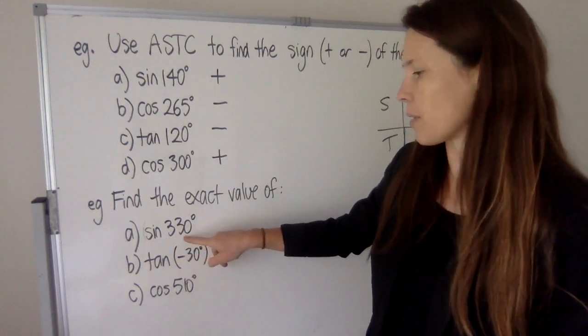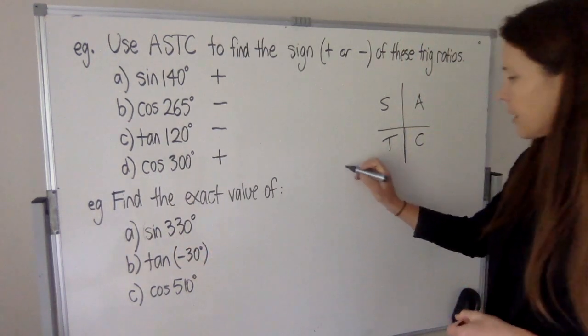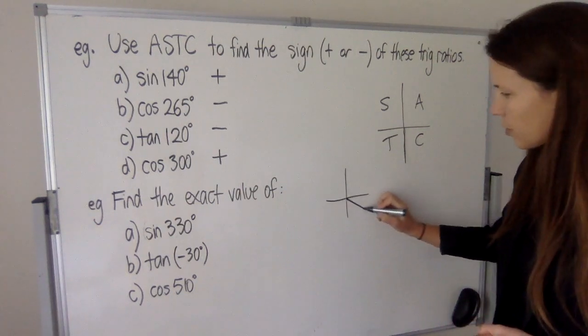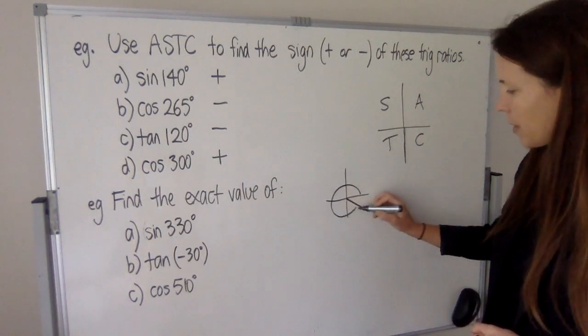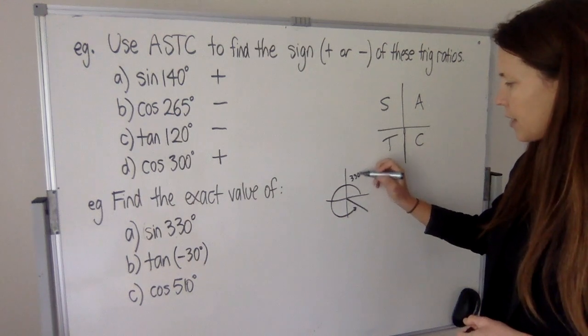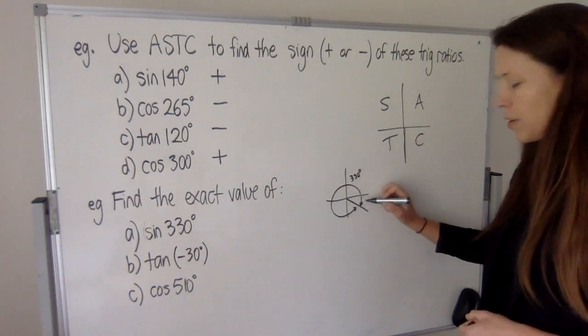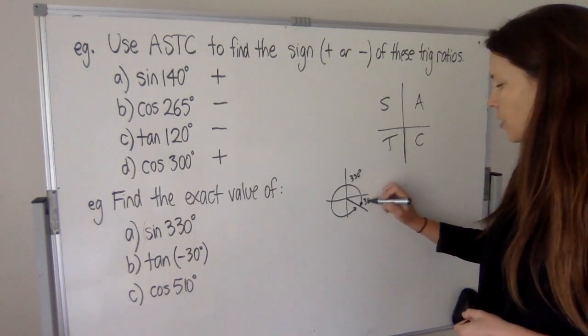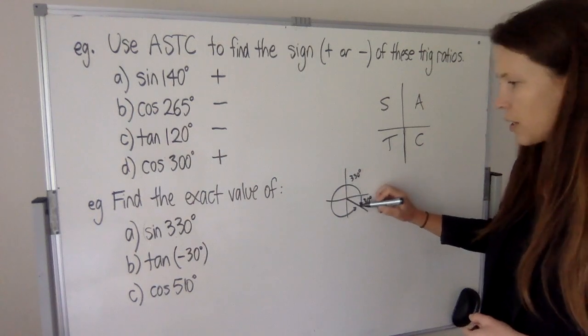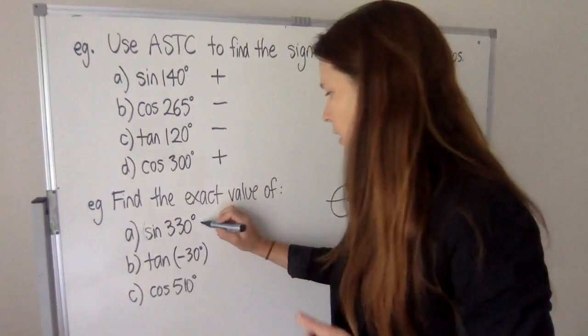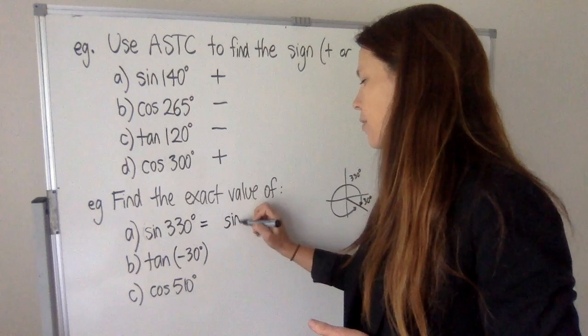So the sine of 330, we've got 330 all the way around there. That's the exact same thing as going down 30 degrees, isn't it? So the related angle is 30 degrees. So it's going to be a lot like the sine of 30.